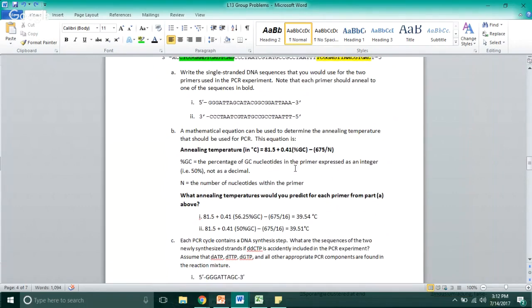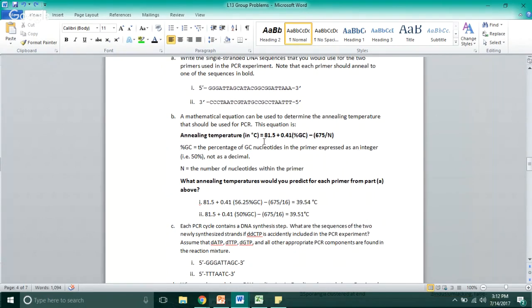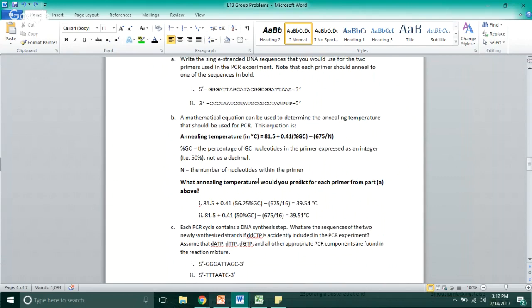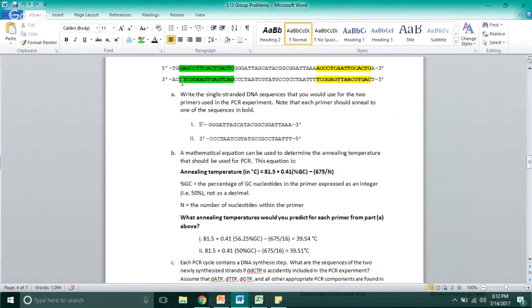And then the mathematical equation for the temperature, right here she gave it to us. The percent GC is the primer expressed in integers, not as a decimal. I'll explain what that means a little bit later. And the N is the number of nucleotides within the primer. So for the first one, I think it's this one, but I'm not sure.